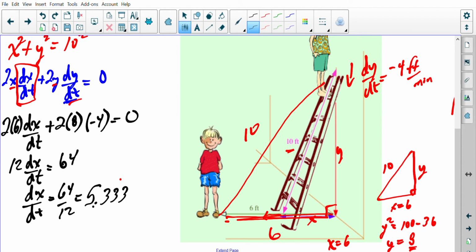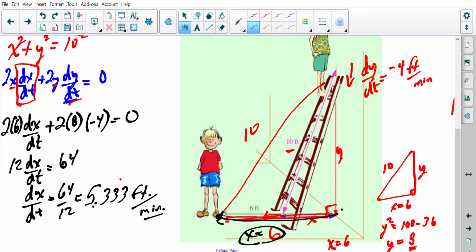Now we need units, so it'll match up with this rate, so it'll have to be in feet per minute. So that's how fast the ladder is going to be going at the instant it hits his foot, which is the instant x is equal to 6, y is equal to 8, and of course the ladder cannot change length, so it's always 10.